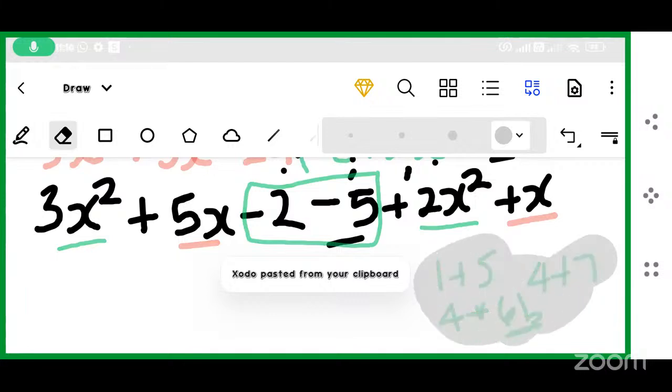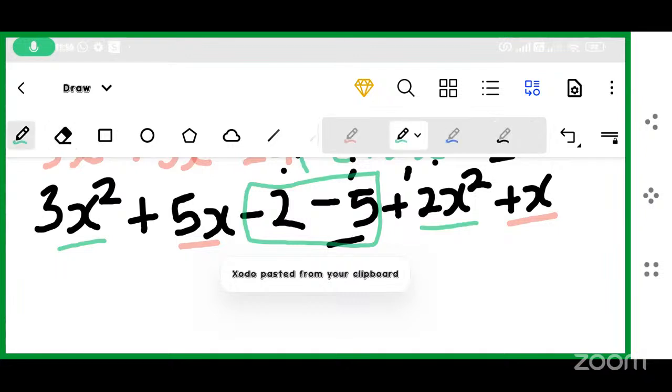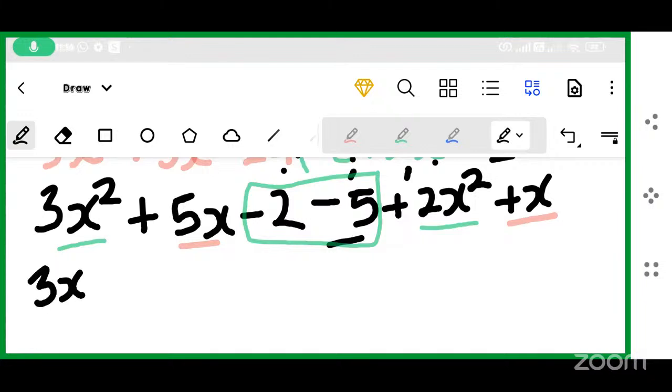So when you're dealing with this type of question, you're going to have 3 like terms. Let me just do this now. So here we're going to have 3x squared. Since we have x squared, we also have x squared here.